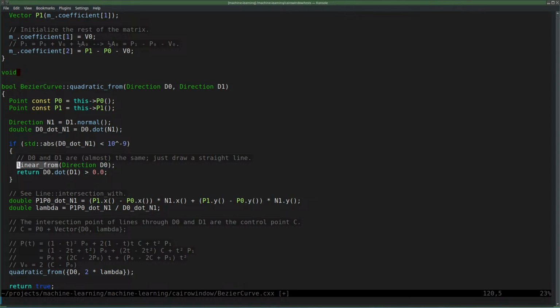There's either no solution, or it must also be parallel to P1 minus P0. Linear form should not take any argument.